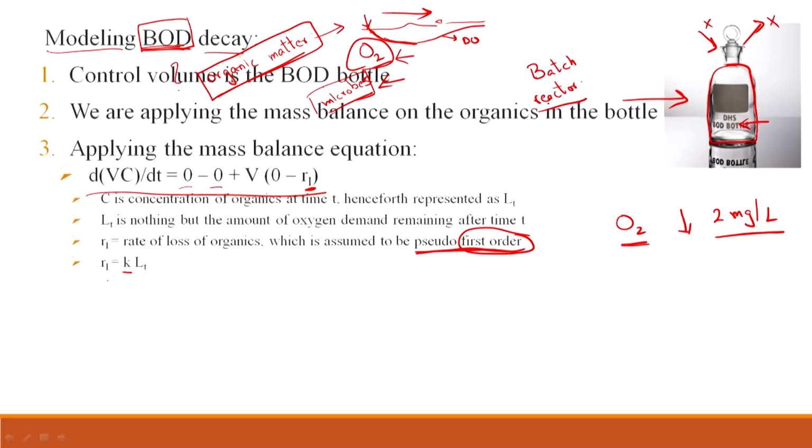In that context, first order loss, A going to products, or in this case since we are using L to indicate organic matter, L going to products. So, the rate of reaction, which is also equal to the rate of loss of L, is equal to the rate constant k times the concentration of the reactant at time t.